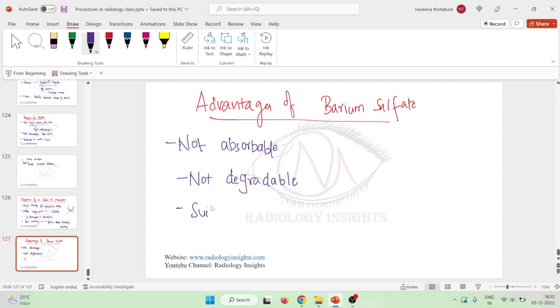And this barium sulfate is also suitable for double contrast studies. If you want to do a double contrast study, this barium is very suitable.